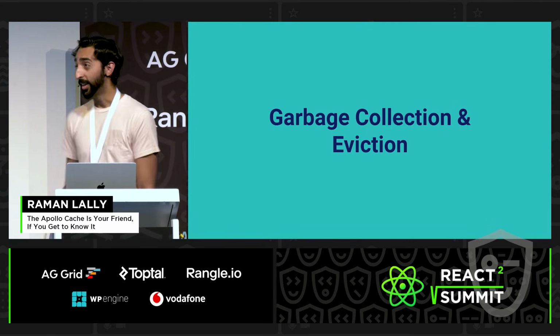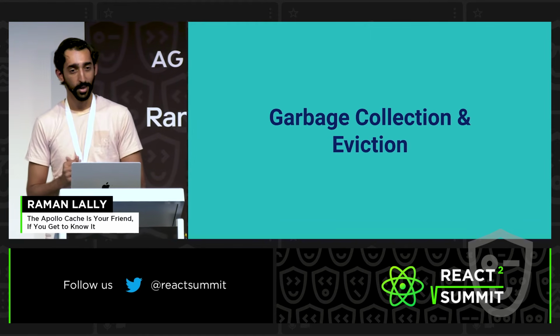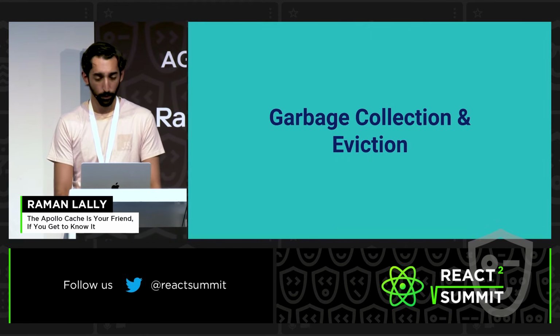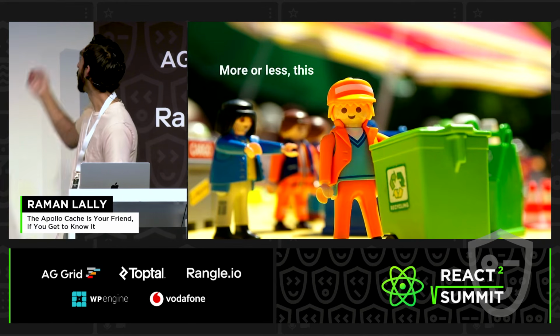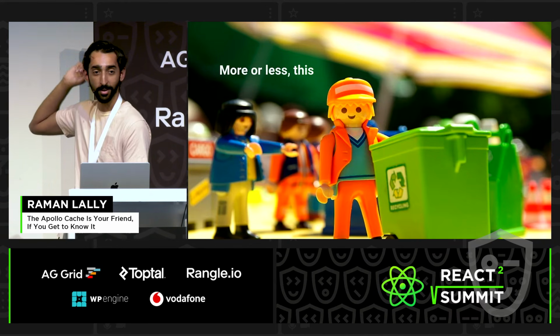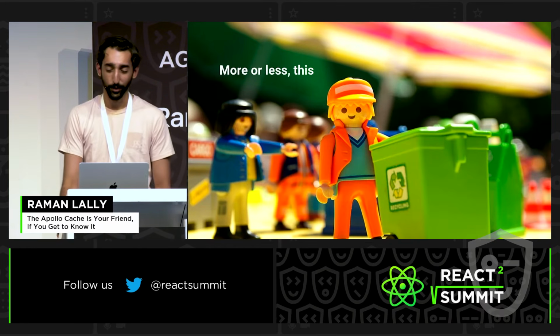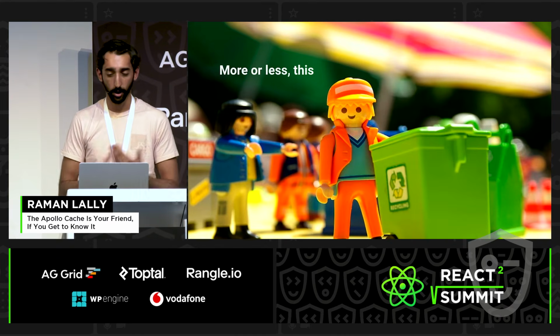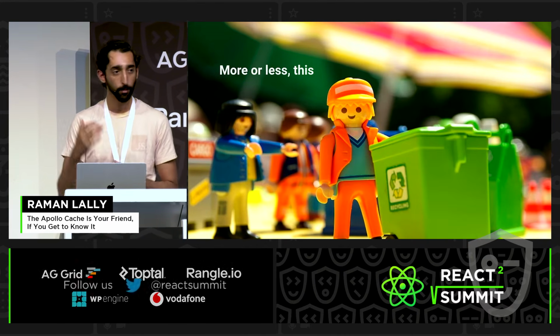So now we're on to the last part, and the part I was the most excited about, which was garbage collecting and how the eviction works. I'm sure everyone's run into garbage collection at some point. I realized after the fact that is recycling, and it's not garbage. I was thinking about putting something over it, but I didn't. So generally, with garbage collection, we're going to try to recover memory from our app. And in JavaScript, that usually happens behind the scenes, right?